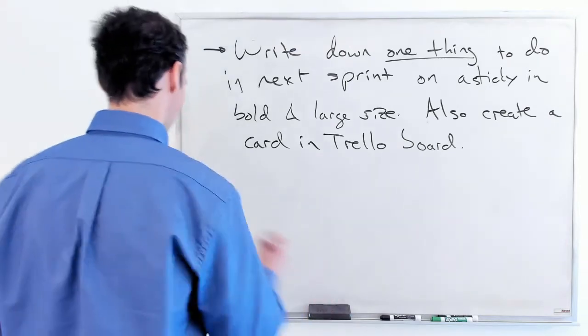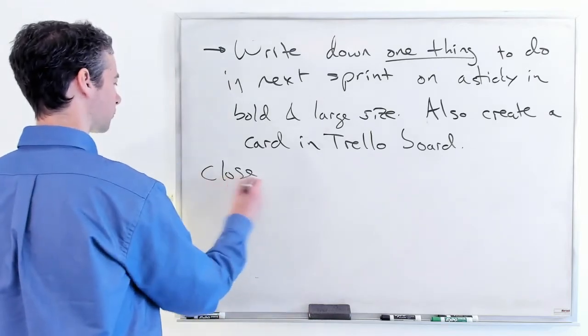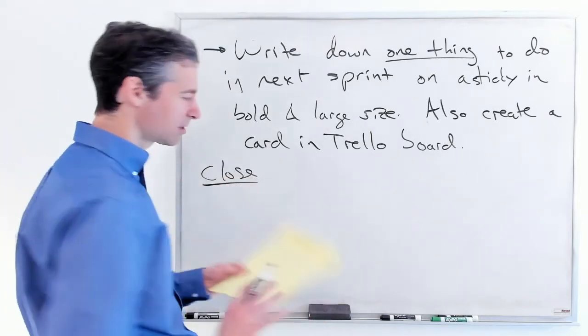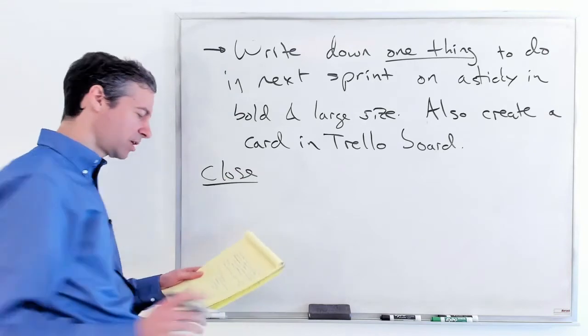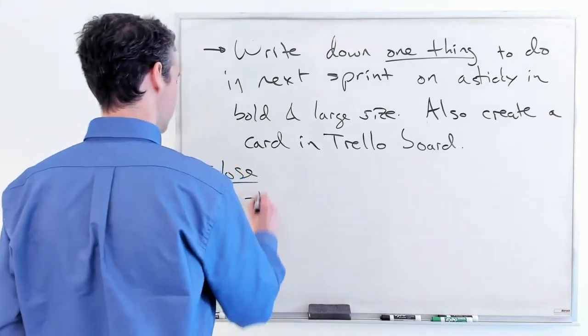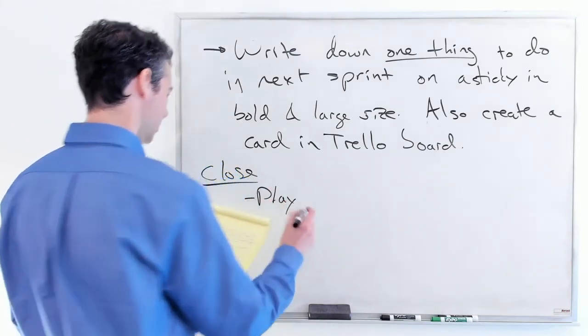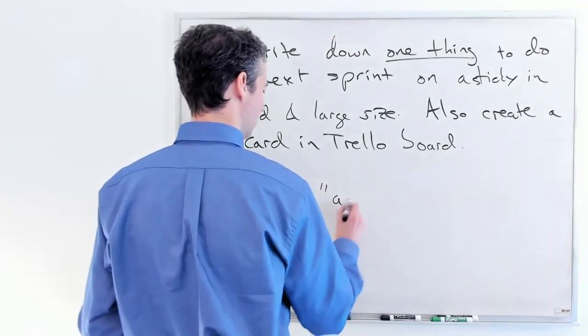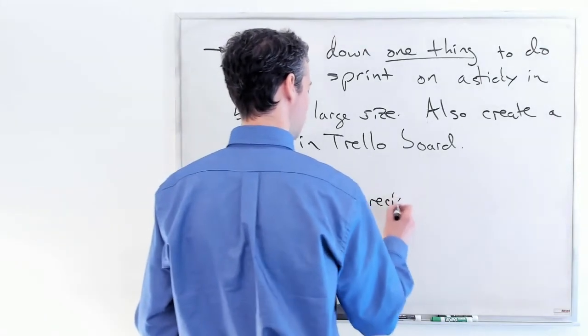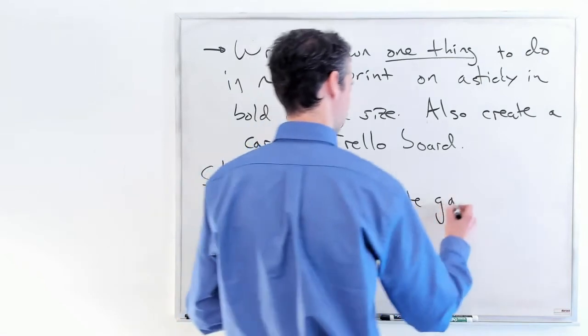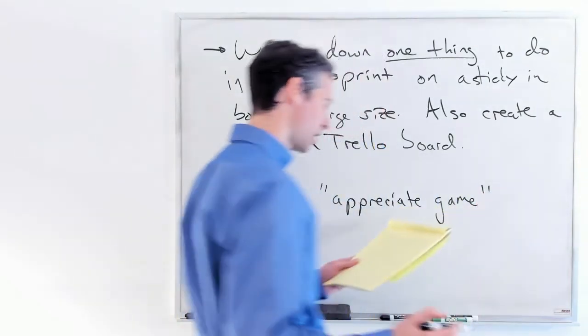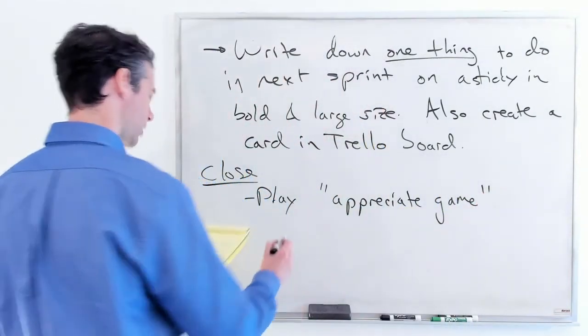All right. Now for closing, this is going to seem a little strange, but I think it's a good idea, is to play what they call the appreciate game. And the appreciate game is basically each person takes a turn.